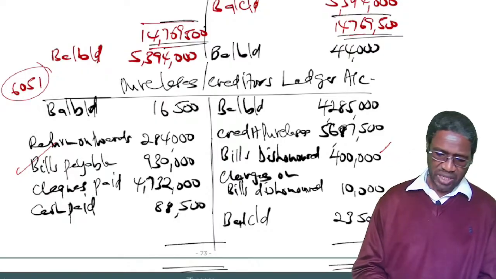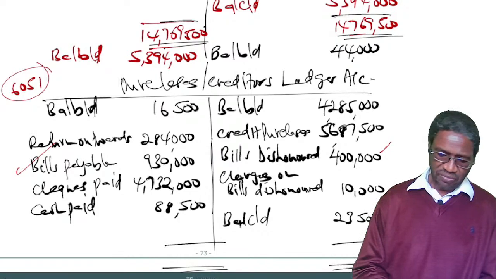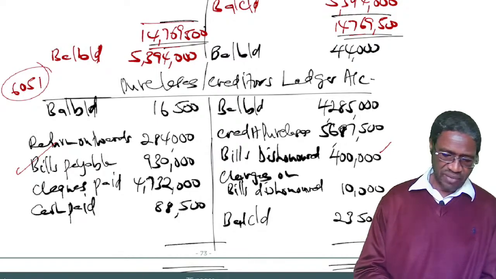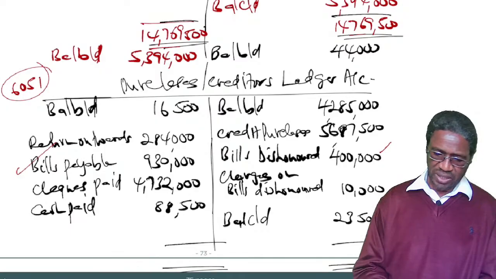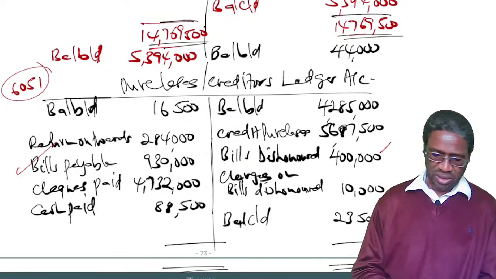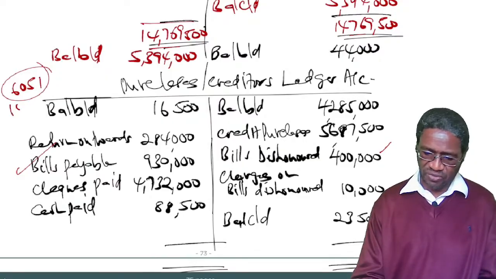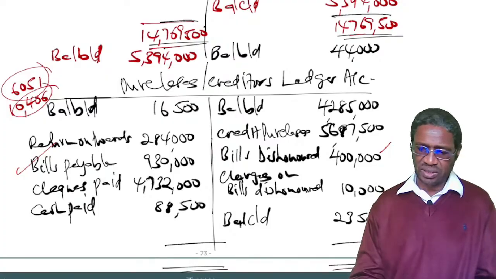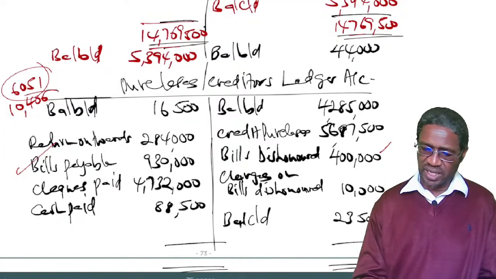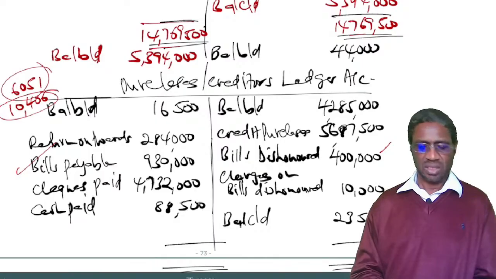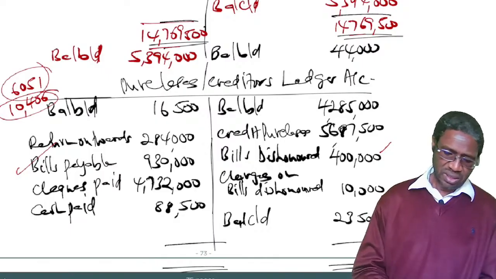4285 plus 5687.5 plus 400 plus 10,000 plus 23,500. I'm getting a total of 10,406 on the credit. I minus 6051.